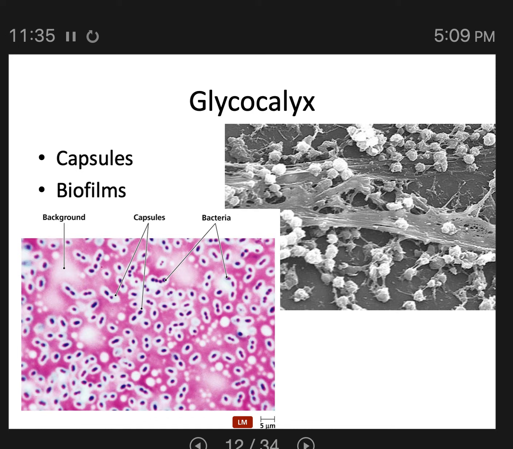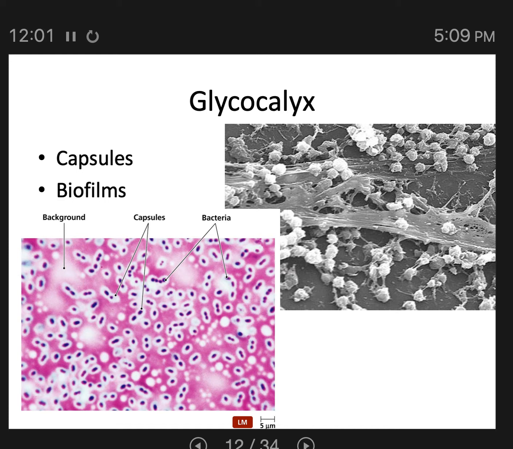Another reason glycocalyx in the form of a capsule resists immune cells is because it's negatively charged. So it has a negative electromagnetic charge, and you might remember that the phospholipid bilayer also has a negative electromagnetic charge. Remember the hydrophilic heads? Those hydrophilic heads are hydrophilic because they are negatively charged.